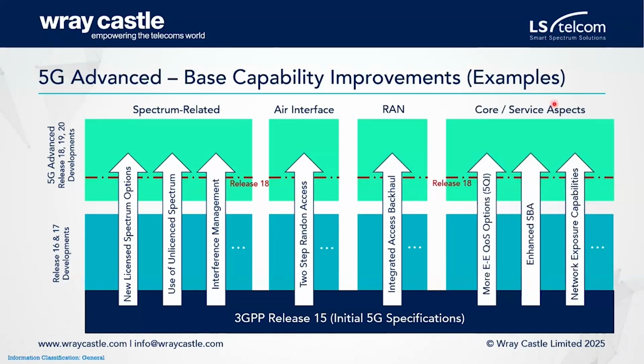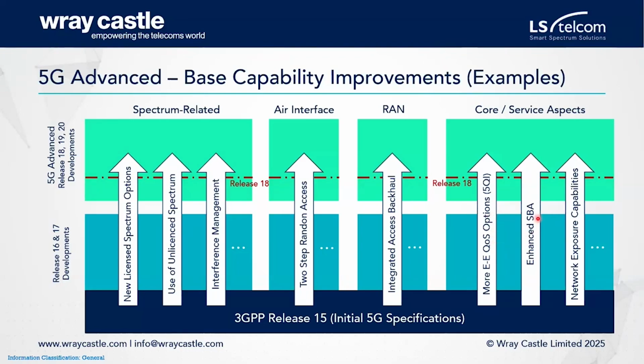And then we've got the core and the service aspects. Now, remember, all of this is about just improved base capabilities. So how has 5G generally improved? So we've got more end-to-end options in terms of the end-to-end bearers or the end-to-end connectivity we put in place through the network.